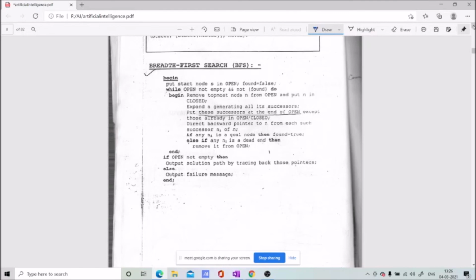From the next class onwards, we will discuss the algorithms and the performance measures. What we actually measure is completeness of BFS and DFS, whether it is complete, optimality, the space complexity and the time complexity.